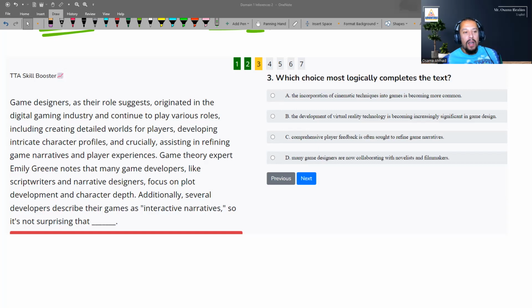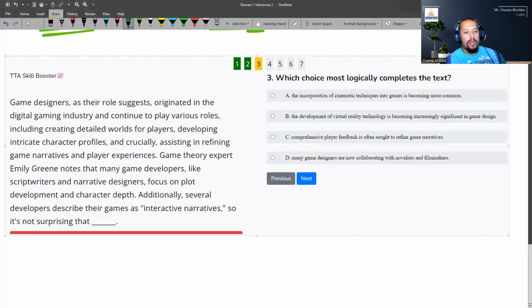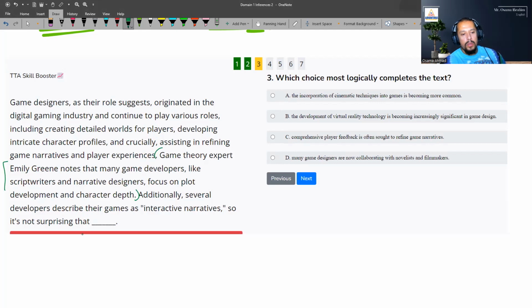Yeah. So tell me, what did you understand about game designers? And I want you to focus on the information here, sentence number 2. It's about game developers.